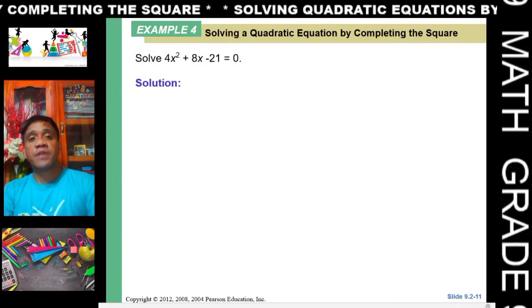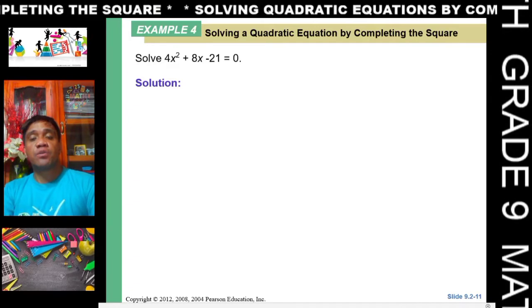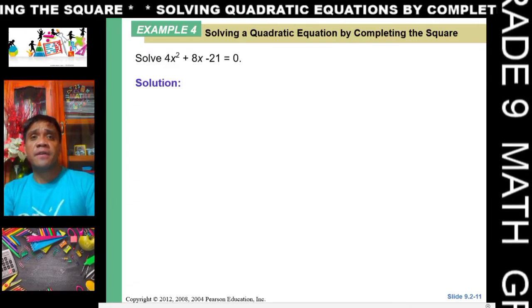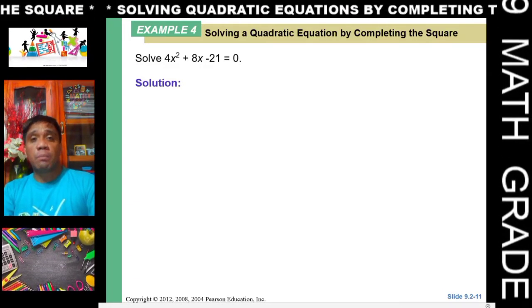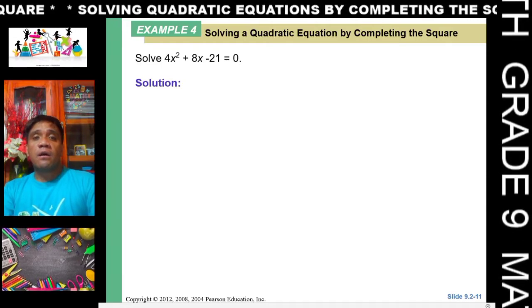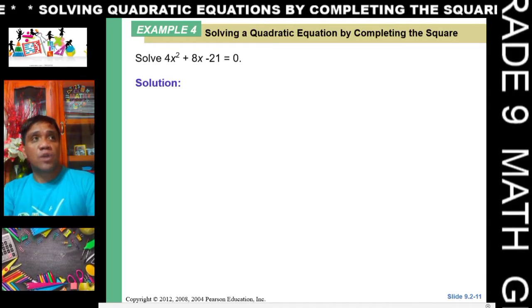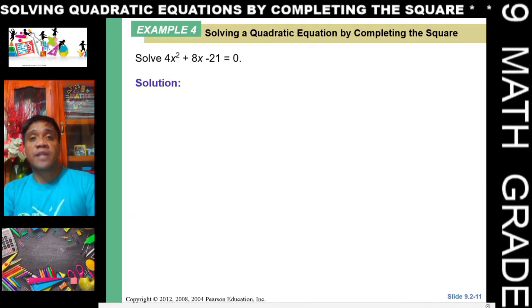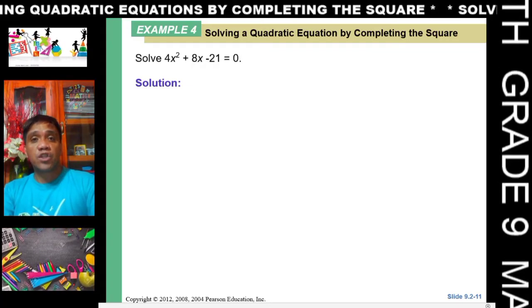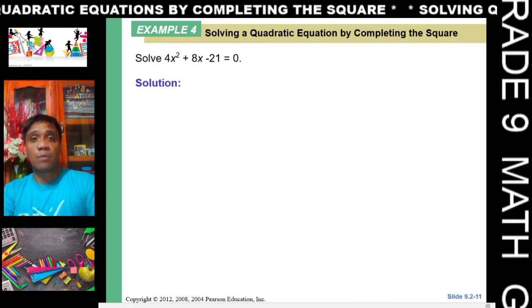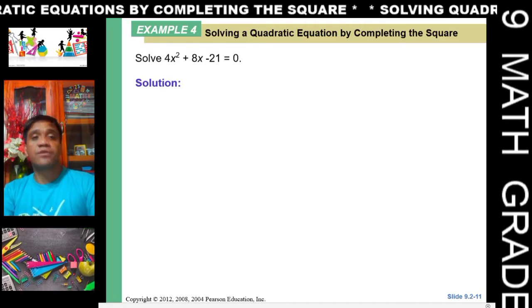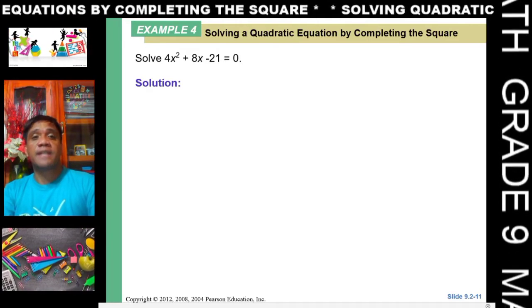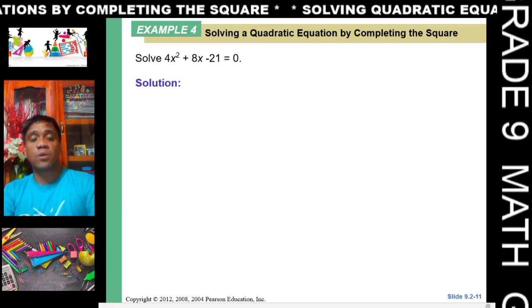Okay, let's proceed to example number 1 for us to be able to enhance ourselves in solving a quadratic equation by completing the square, wherein the numerical coefficient of the quadratic term is not 1. We have here: solve 4x squared plus 8x minus 21 is equal to 0.